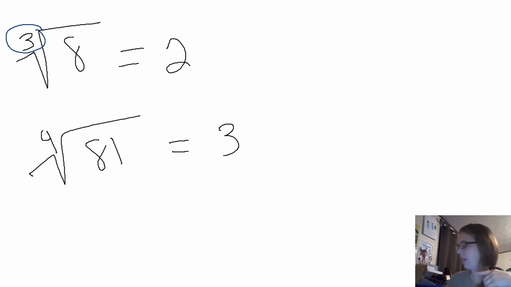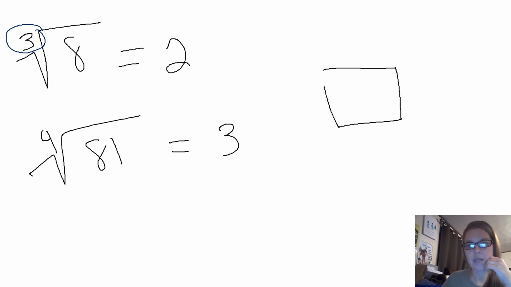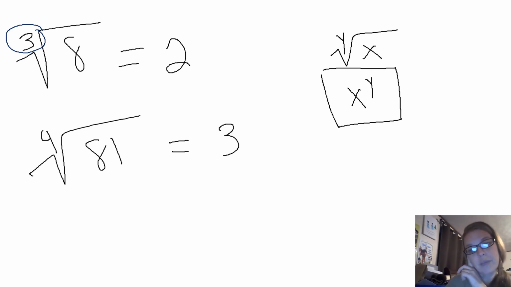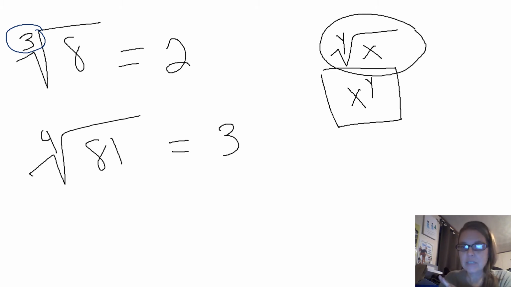Now guys, if you have a calculator, there is a way to do this, and I'm looking at my calculator right now. I don't have the one in front of me, so let me think. Most of them have a button that looks like this, and then above it, I believe it looks like this. Like I said, I have the wrong calculator in front of me. So just kind of play around with this. You probably will have to hit shift or second, depending on which calculator you have, in order to activate this.